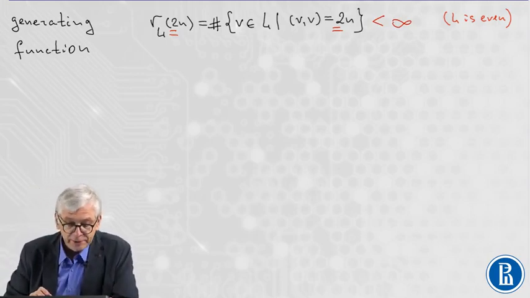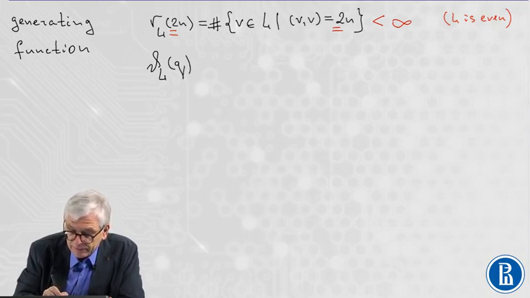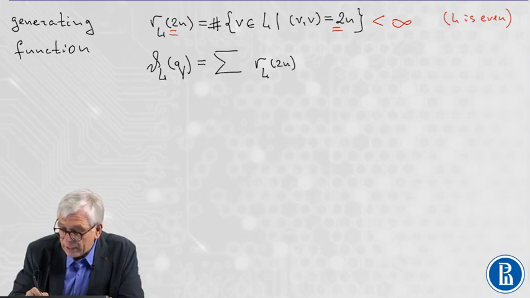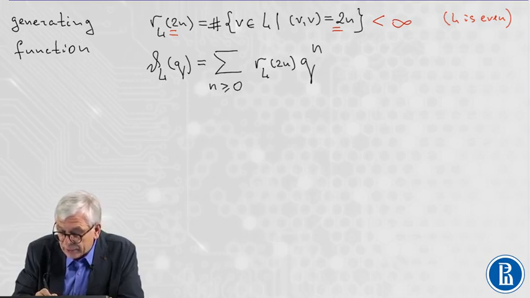Now we can construct the generating function for this quantity, or we can define the theta function of the lattice L. This is the following formal sum: the sum of R_L(2n) q to the power n, over all non-negative integers n.